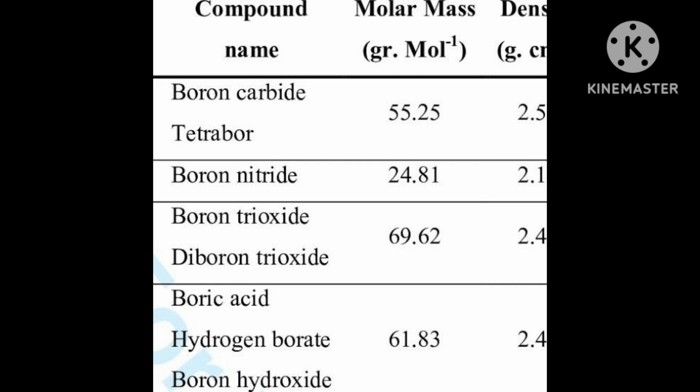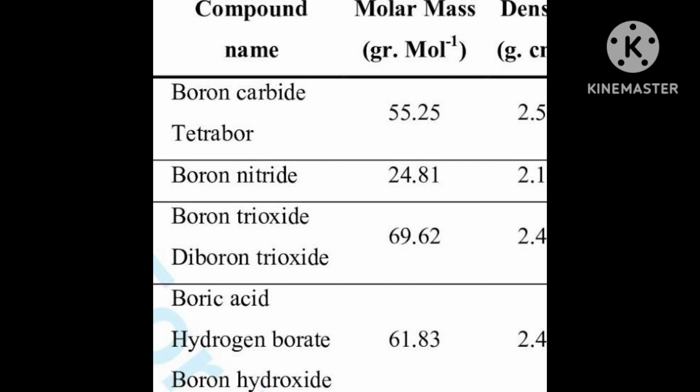The explanation is because it is not able to release H+ ions on its own. It will release, but not on its own. You have to do something extra, some effort.